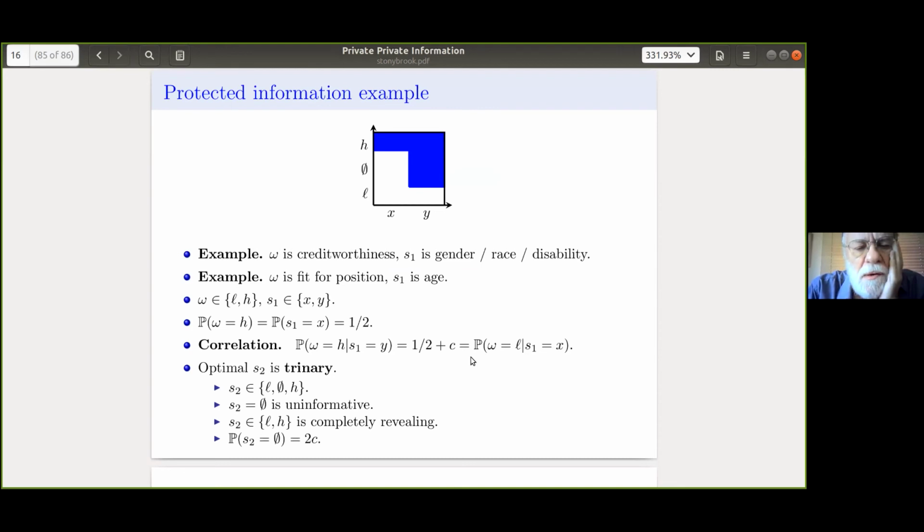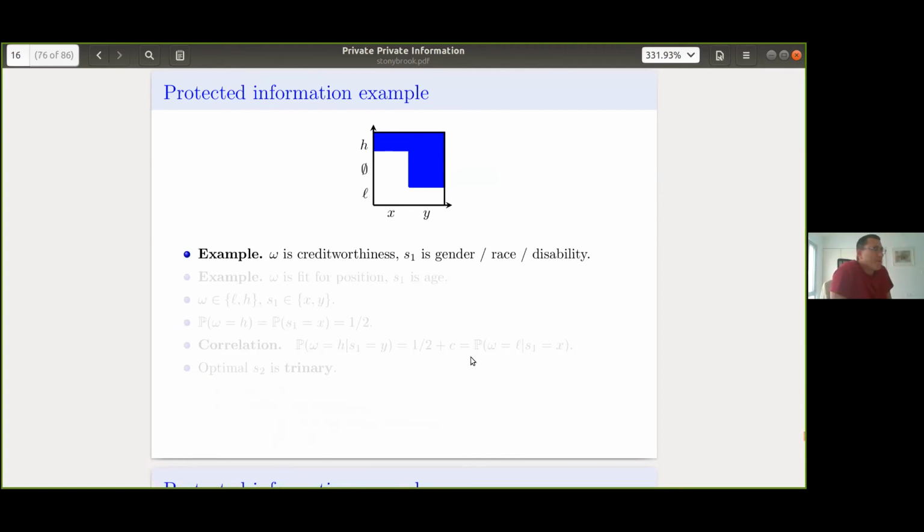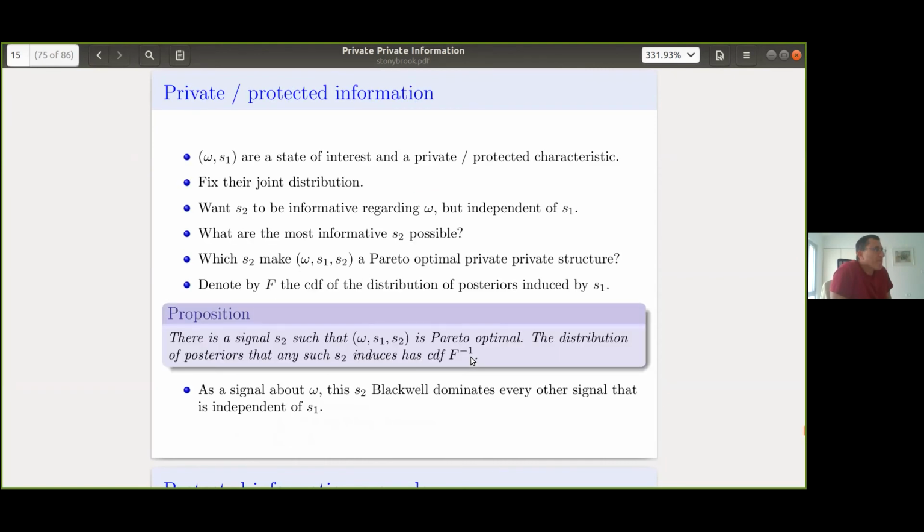In particular, this is independent of the prior, right? No, the prior. Not this one, the previous proposition. The optimal S2 given S1 is independent of the prior? That is a good question. I have to think about that. Or is this for a prior of 1/2? This proposition? No, it's independent of the prior. Whatever the, okay, I'd have to think about that for a second, but I think it is independent of the prior.